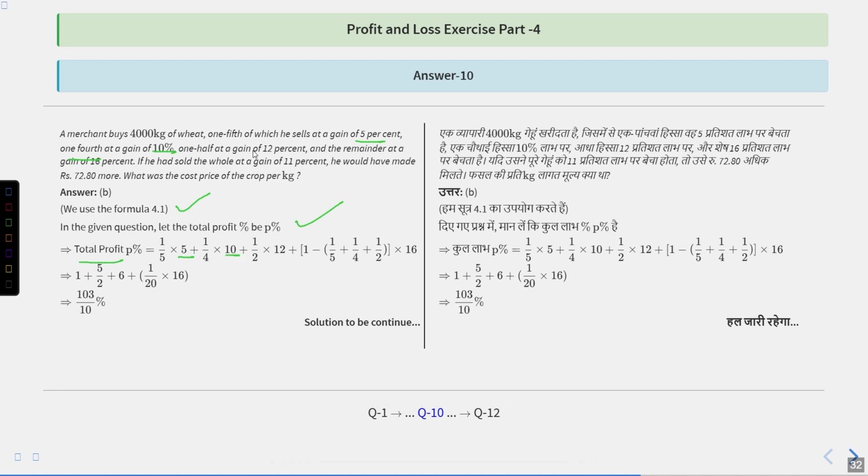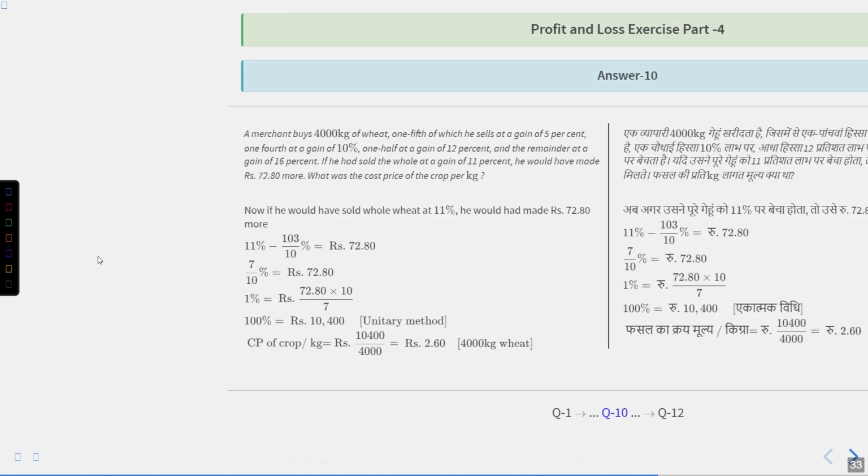In the same way, 1/5 at 12%, so 1/5 multiplied by 12%. And the remaining part, 1 minus (1/5 plus 1/4 plus 1/5), at 16% profit, so multiplied by 16. Clear? When we calculate it, we get the profit percentage 103/10%. Clear? Solution to be continued.